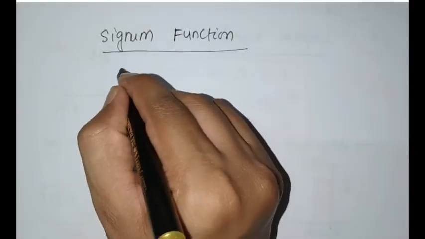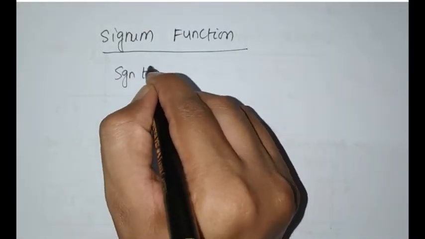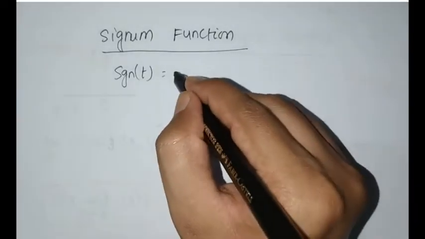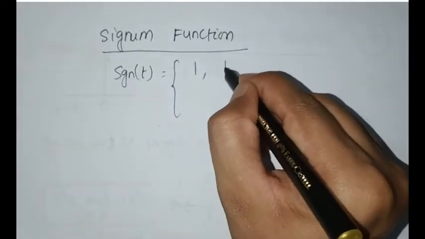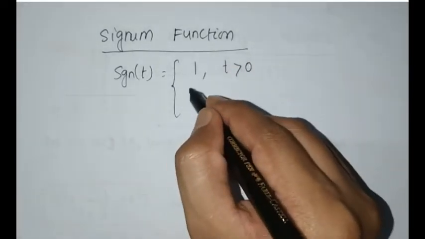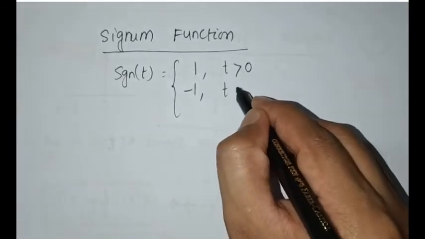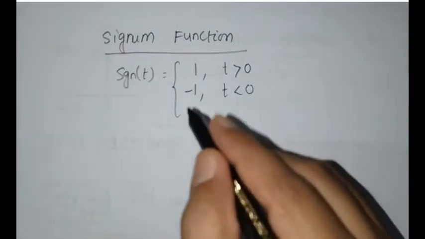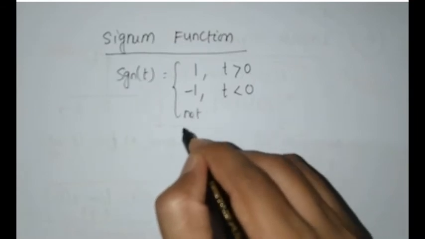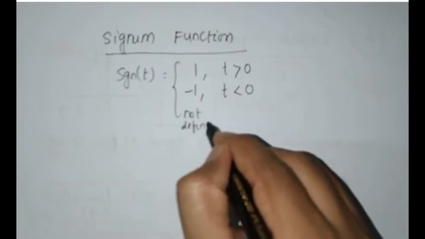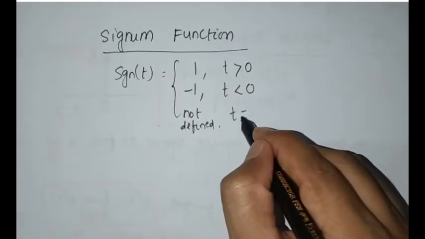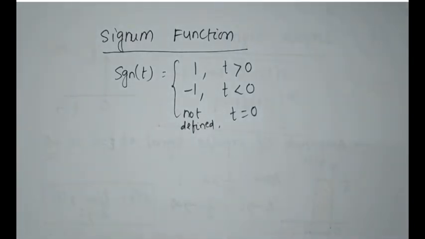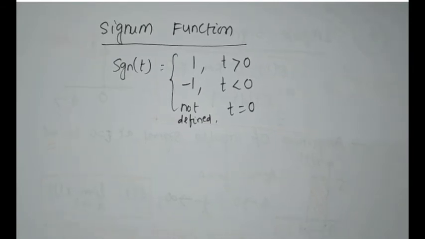This signum function of t is defined as 1 for t greater than 0, minus 1 for t less than 0, and not defined at t equals 0.